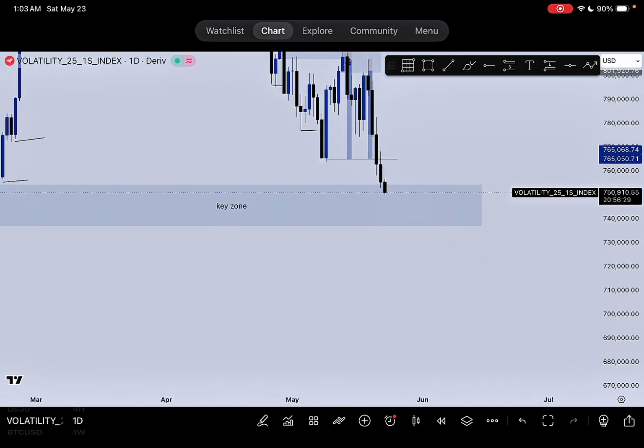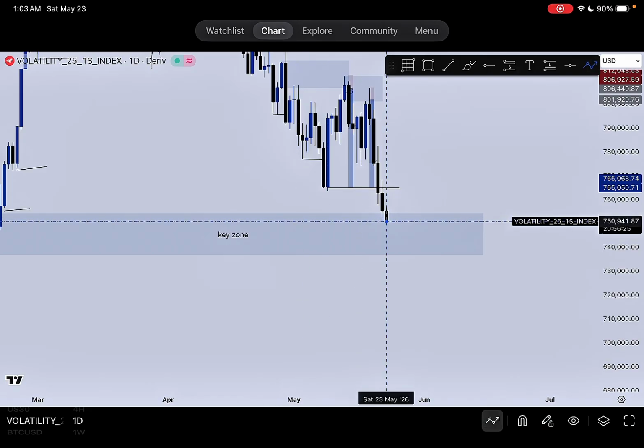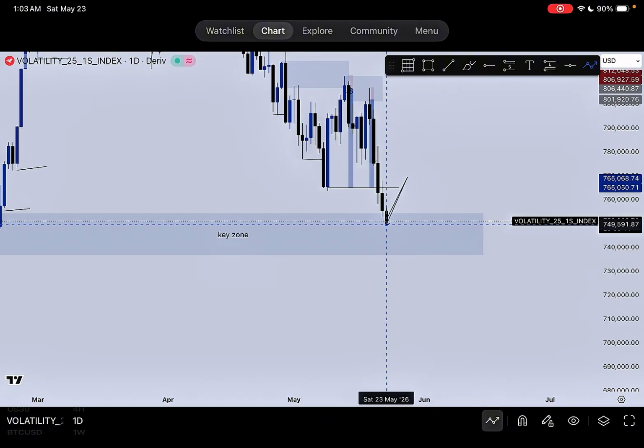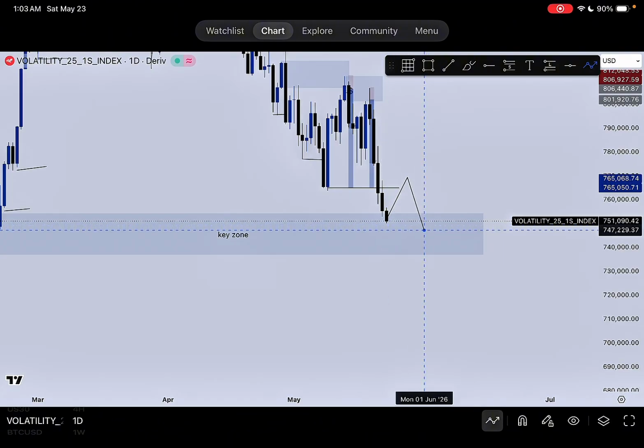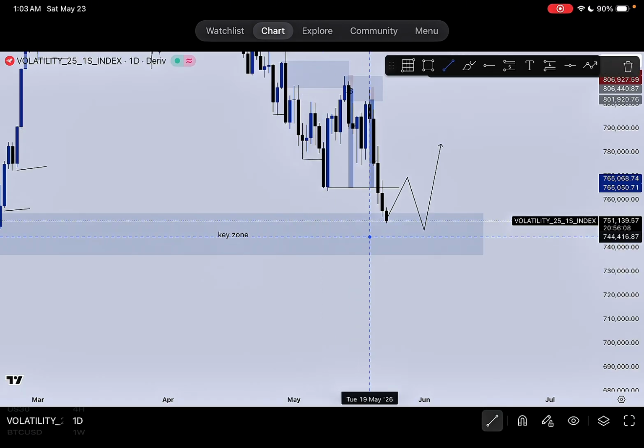But I expect the market to reject this zone. Give me something like this. Then come down, probably sweep liquidity before pushing up. Then we'll get our MSS.